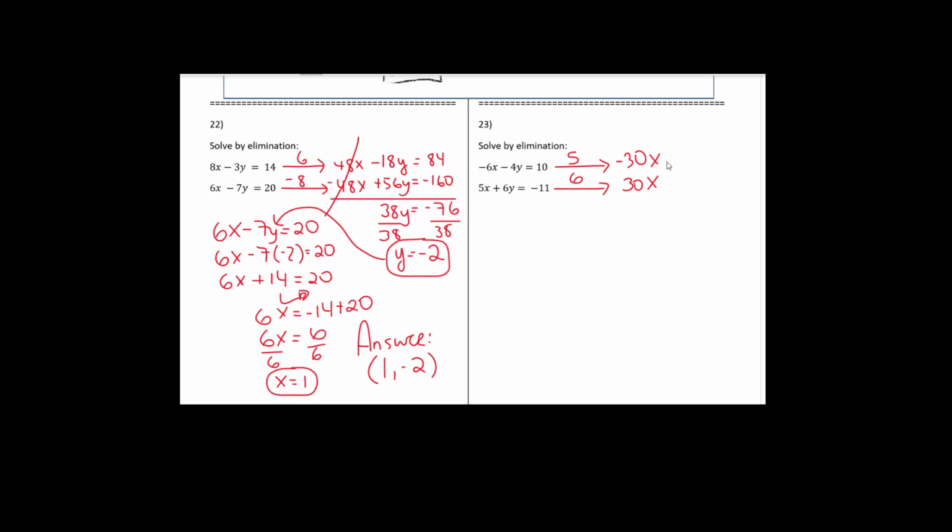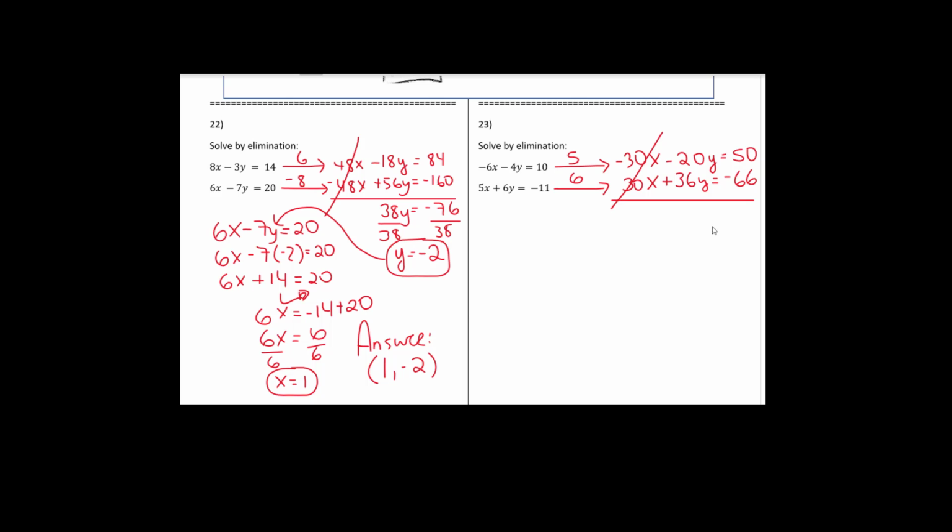Negative 4 times 5 is negative 20y, 5 times 10 is 50. 5 times 6 is 30. 6 times 6 is 36. And negative 11 times 6 is negative 66.